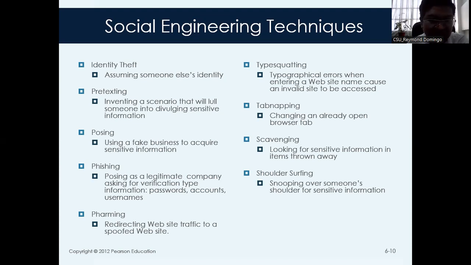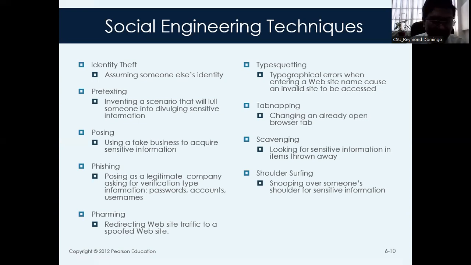Number 3, posing: using a fake business to acquire sensitive information. They say, here is our business, here is our office, here is our location. They say we are not scammers, we are a real business. And then suddenly, they just disappear.